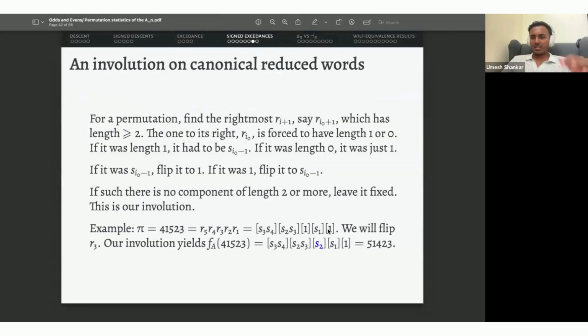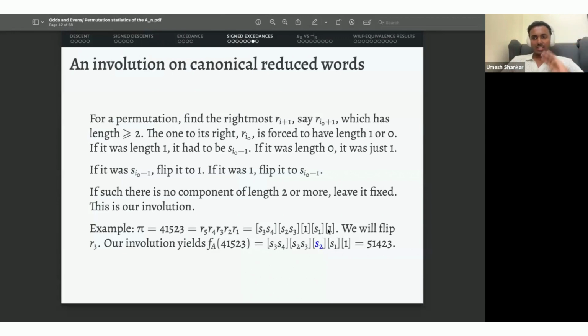For a permutation, you first get the canonical reduced word decomposition and you find the rightmost R_{i0+1} which has length greater than or equal to 2. The one to its right has to have length 1 or 0, because we are looking at the rightmost one with length at least 2.